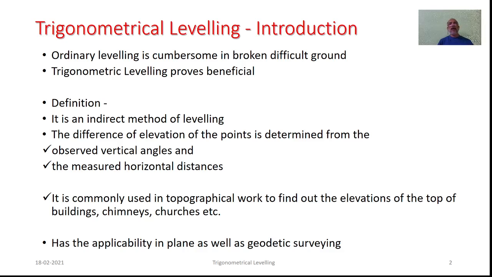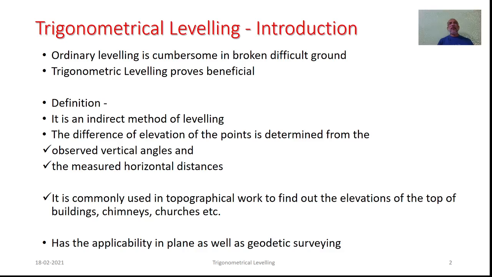That is, we have to have the sights with respect to the horizontal line of sight only. Hence, as we work in broken difficult ground, if there are considerable undulations, then ordinary leveling will be a cumbersome operation. So under such circumstances, we make use of trigonometrical leveling, which essentially employs theodolite.